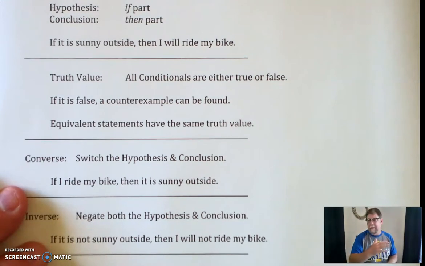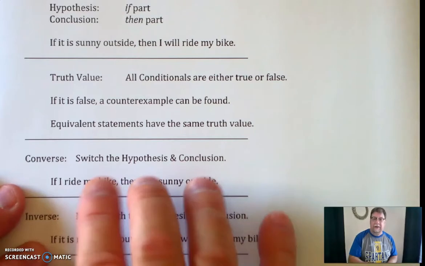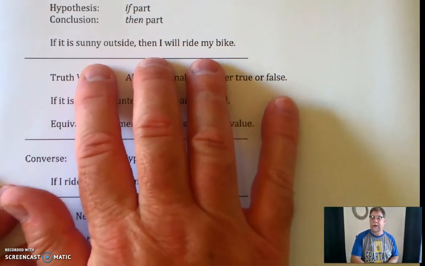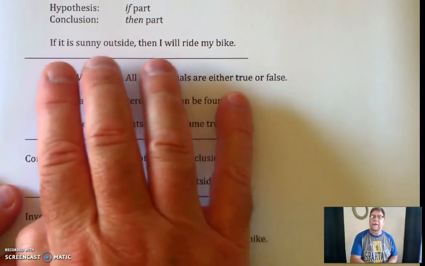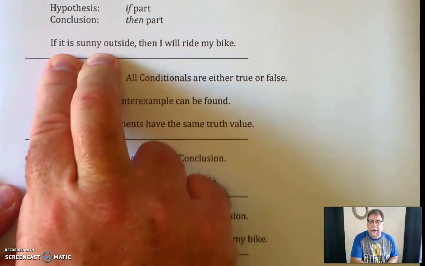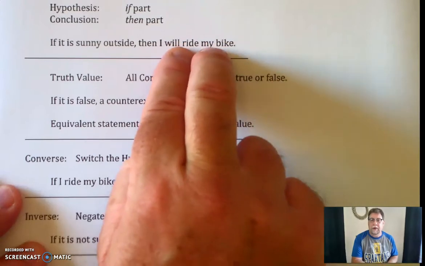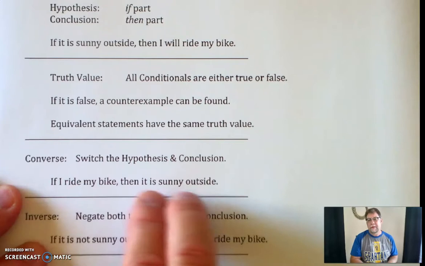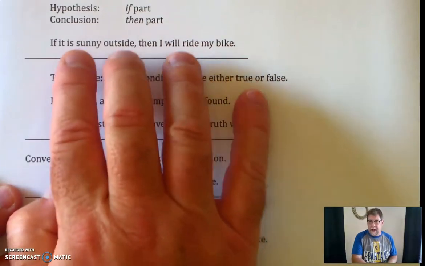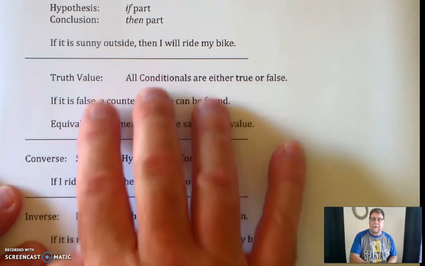So you might see me riding my bike on a rainy day. That would make this a false statement and still make the original a true statement. Sometimes it's hard to understand that concept, but that's the idea. If the hypothesis is true, then the conclusion will be true. Over here, if this is true, this may not be true. So these are not equivalent.